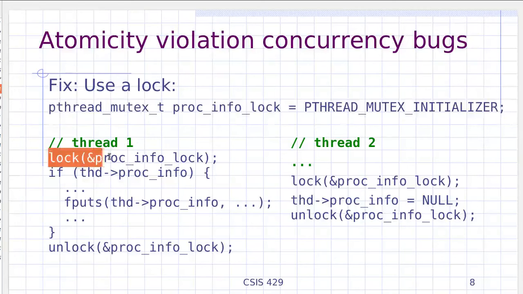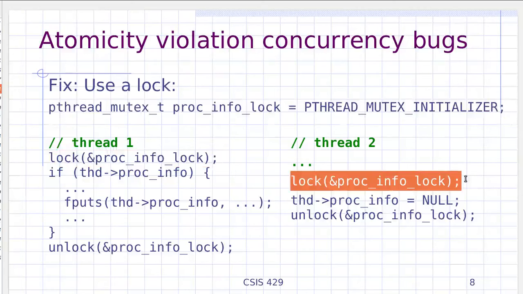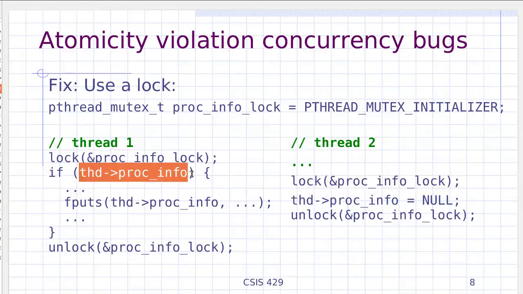So here it is in thread 1, you lock, and thread 2 also does a lock. So only one of them will get to do its critical section. So thread 1 says, okay, I'm going to check if this is not null, and if it's not null, I will do this. Since you locked it, sure, everything in here should work, unlike the previous case when you didn't have the lock.